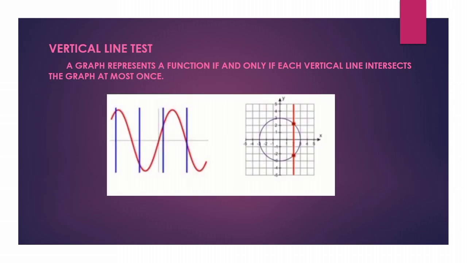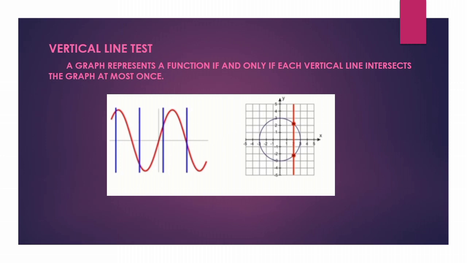So here is an example of a graph. We will determine whether this graph is a function or not using a vertical line test. This one is a graph and the blue one is our vertical line test.